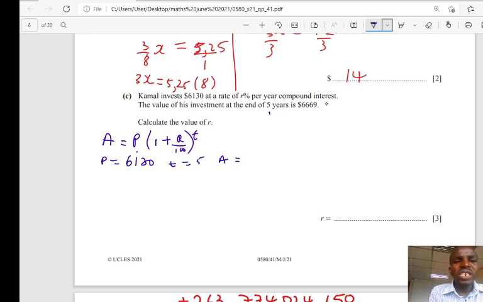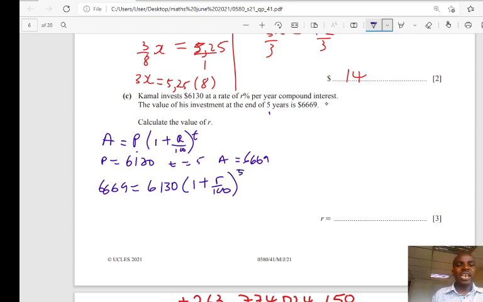Then the amount, that's the value of the investment after 5 years, 6669. Now let's substitute to find the interest rate R%. Amount, we say 6669 equals principal 6130 times 1 plus R over 100 to the power 5.